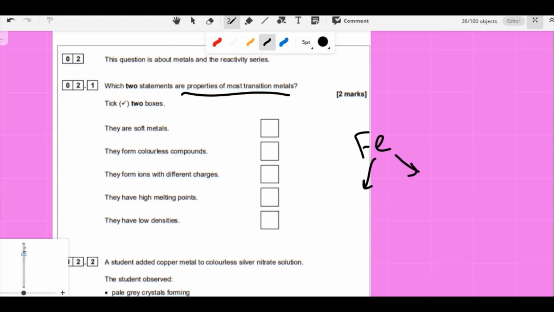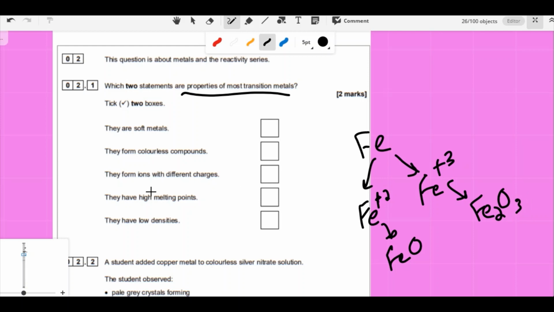Iron normally exists in two oxidation states, with different charges like Fe plus 2 and Fe plus 3, because it forms compounds like FeO and Fe2O3. So it means they form ions with different charges. Alright, while iron and all the transition elements mostly have high melting points. So that is the second statement.